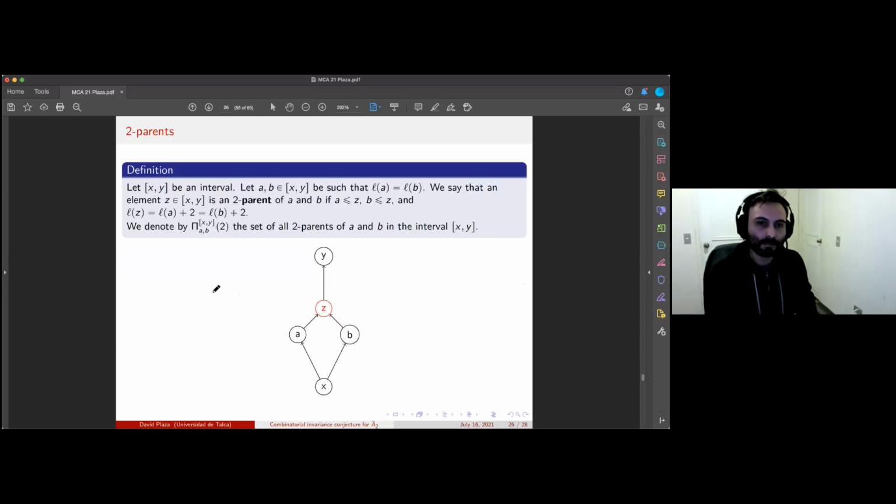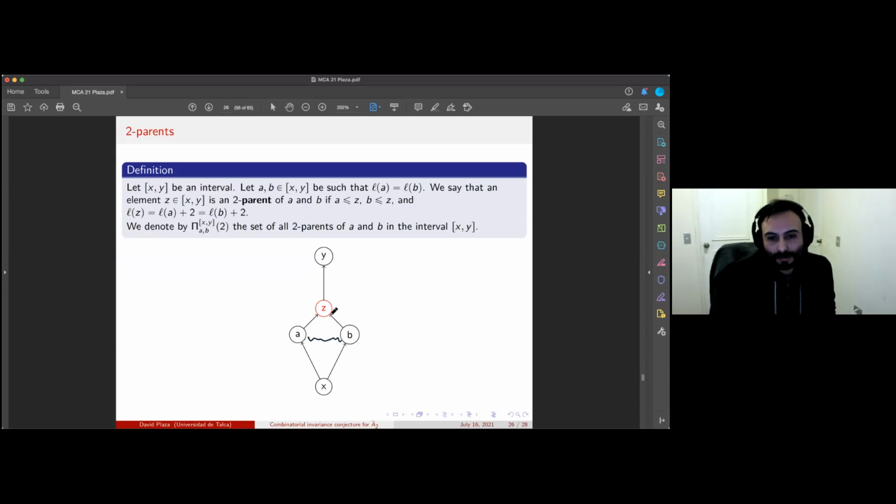The second poset invariant we consider in the proof is the notion of two-parents. The definition is as follows. We consider any interval [x,y], and we fix some elements a and b in the interval [x,y] of the same length.